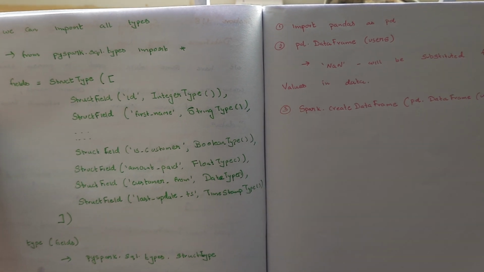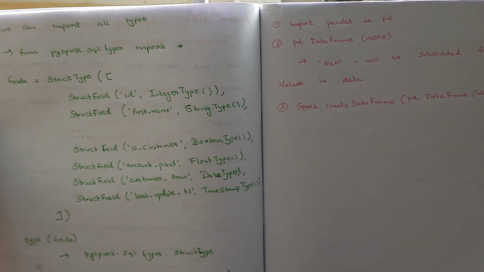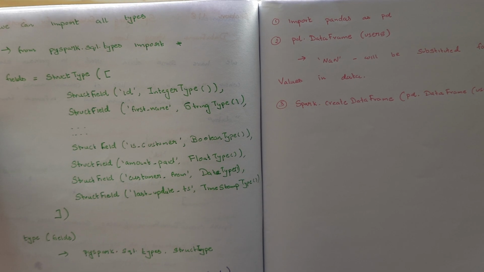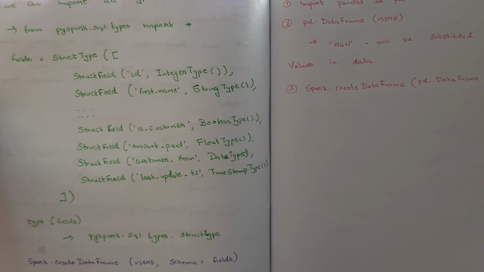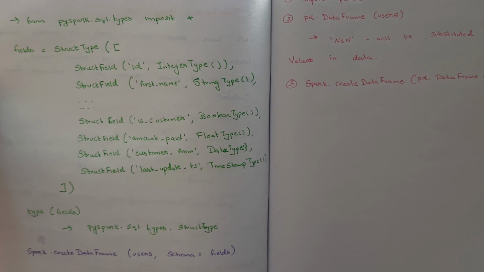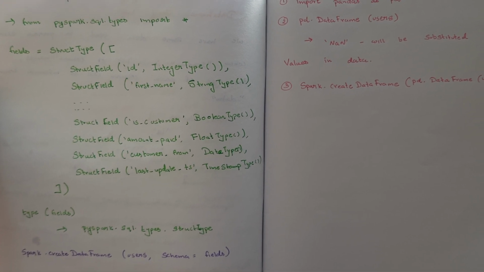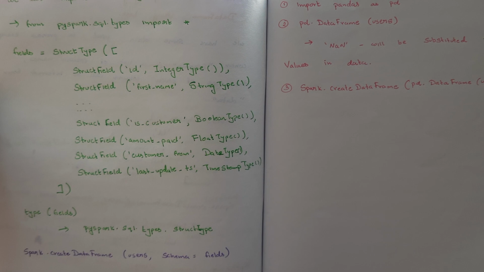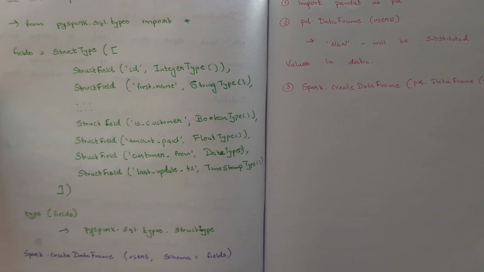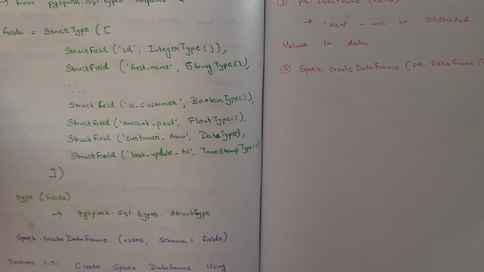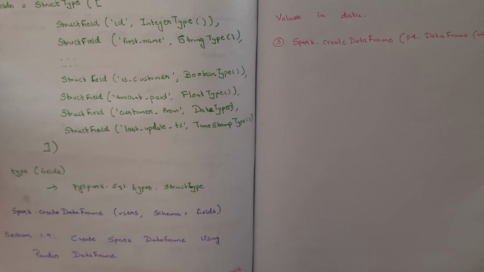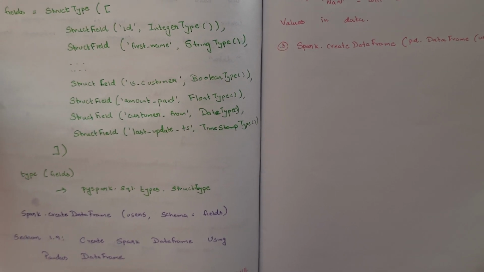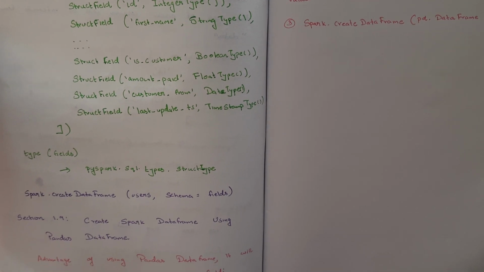Then amount paid is a float type, then customer from is a date type, and last update timestamp is a timestamp type. So here we have to mention the StructType first, and inside that we have to mention the StructField. Inside each StructField we have to mention the field name with a data type. And then if we do spark.createDataFrame with the user schema, which is nothing but the fields, then the data frame gets created.